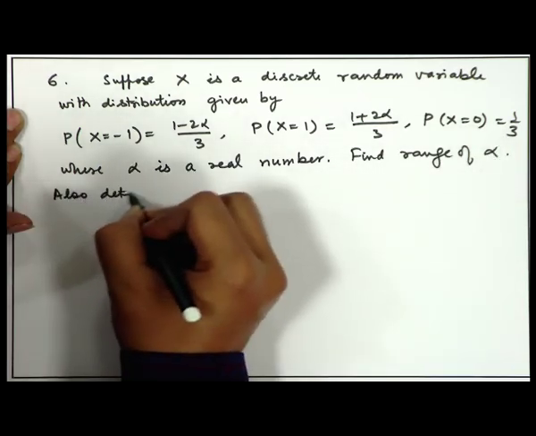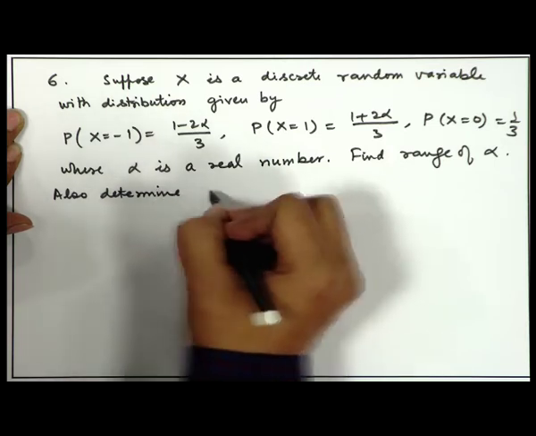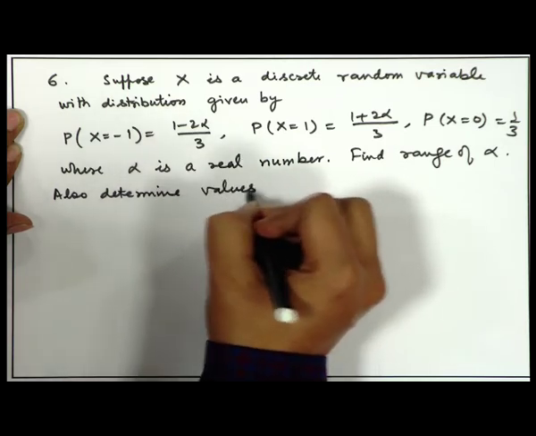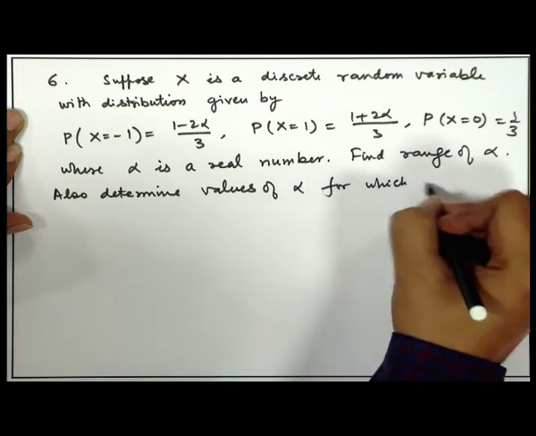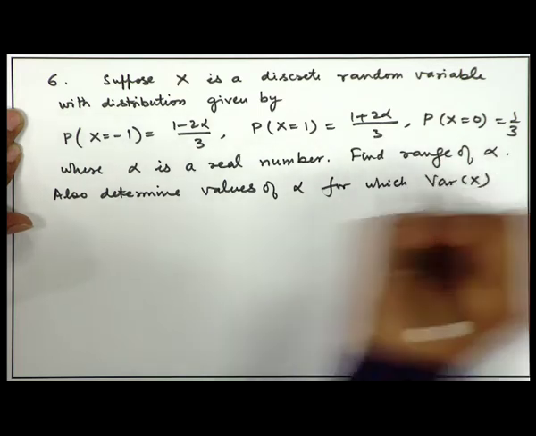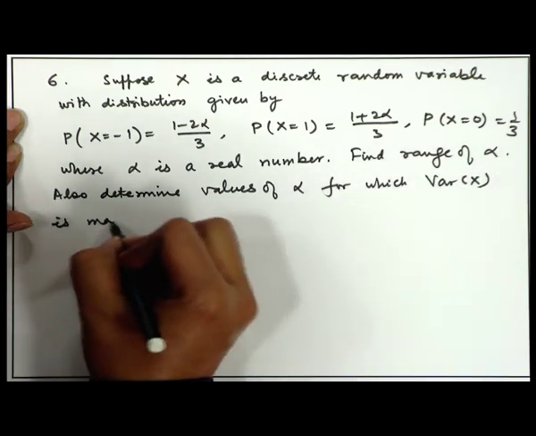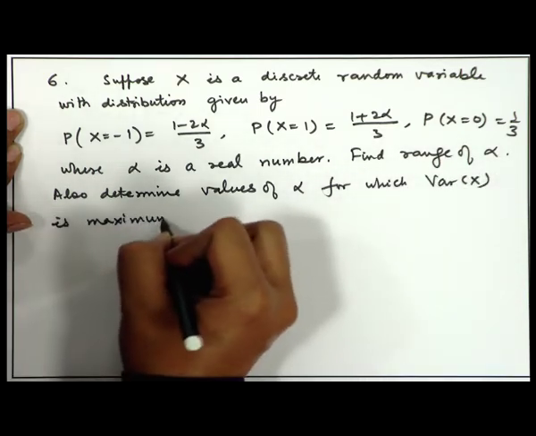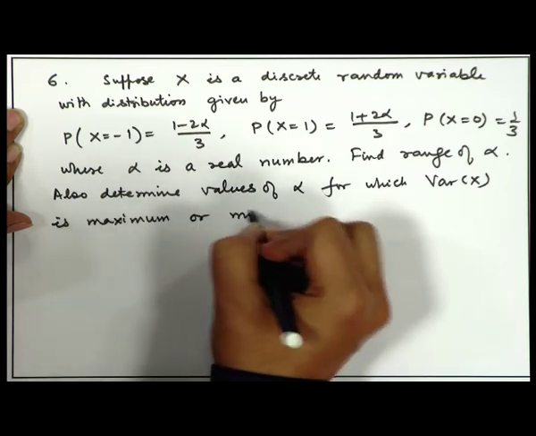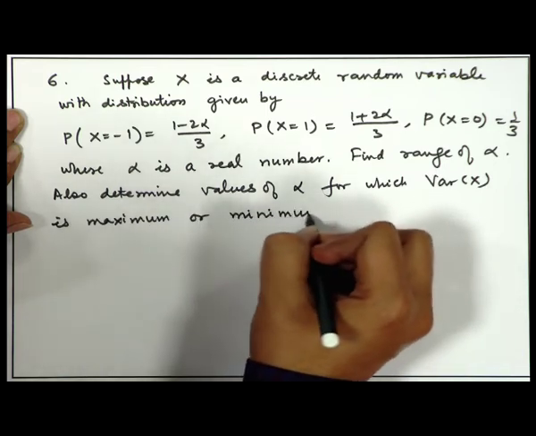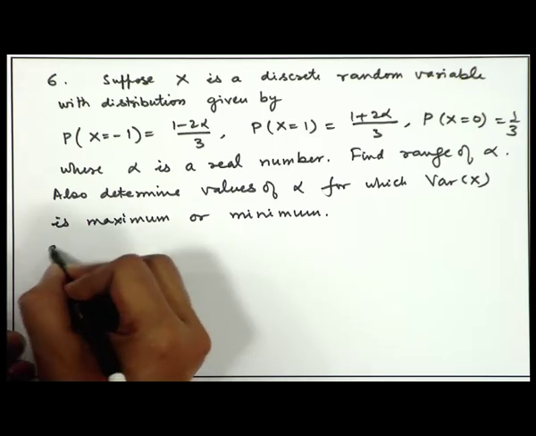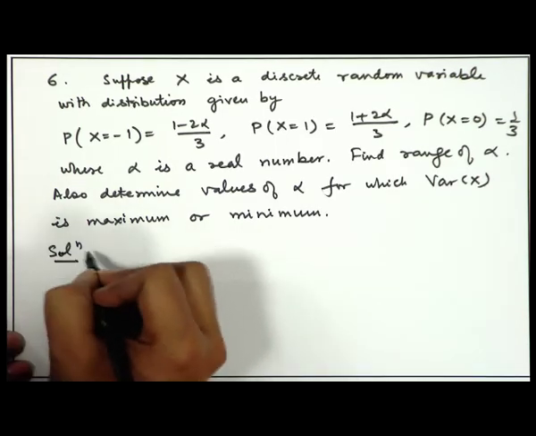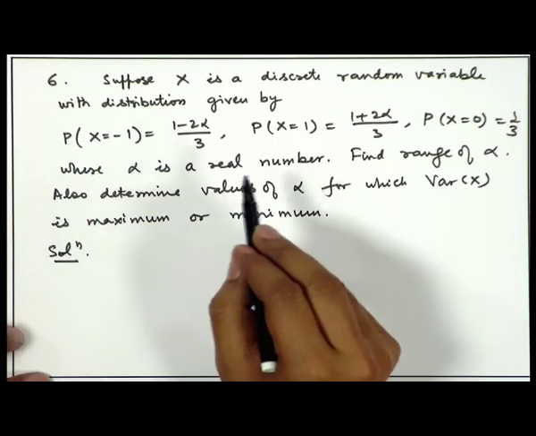Also determine the values of alpha for which the variance of x is maximum or minimum. So, first of all let us check whether it is a proper probability distribution.